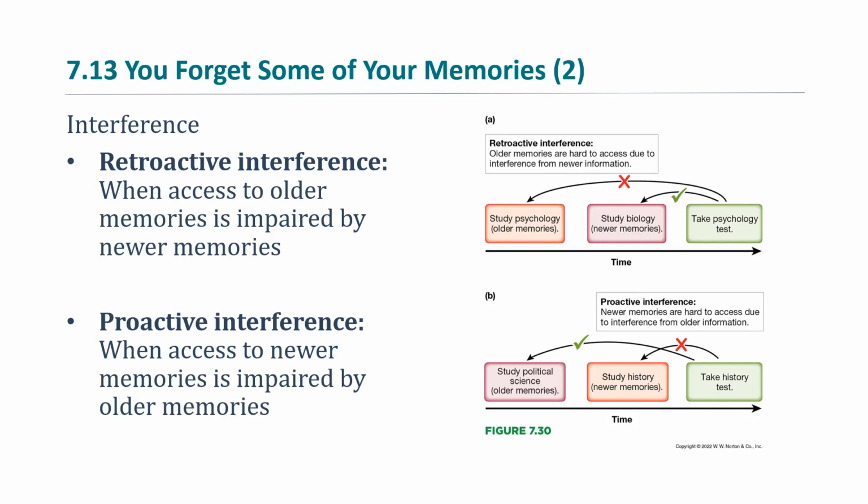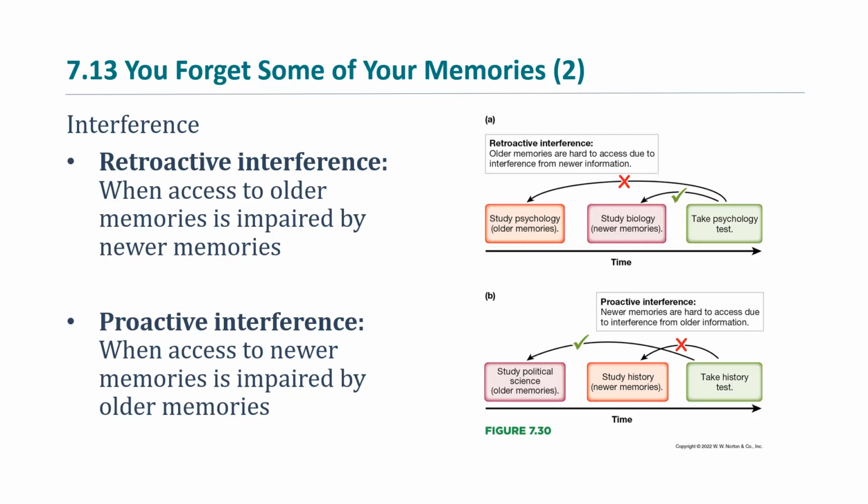That's retroactive interference. I can't remember any of my old phone numbers I ever had. I can't remember any of my old addresses. Actually, I remember the last one because it wasn't that long ago, but I can't remember the address of the house I grew up on for 15 years. Okay.